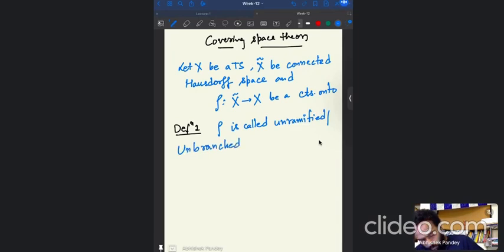Unbranched or smooth covering. In literature, it is known as these kind of names: unramified, unbranched, and smooth coverings, of X, if rho such that X tilde to X is locally a homeomorphism.